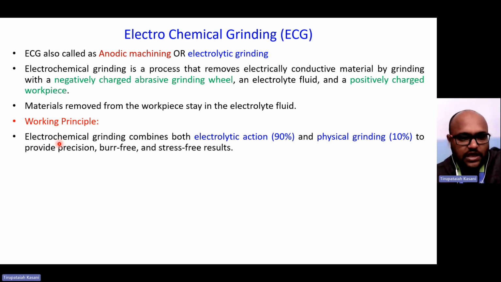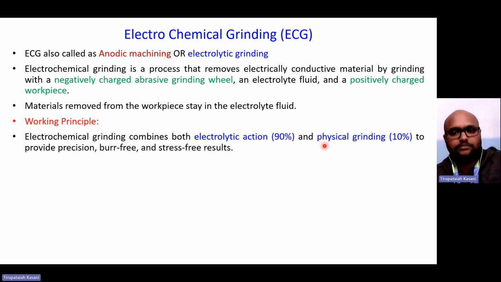Working principle: electrochemical grinding combines both electrolytic action 90% and physical grinding 10% to provide precision, burr free and stress free machining. See here, 90% will be the electrolytic action, 10% is by the physical grinding.